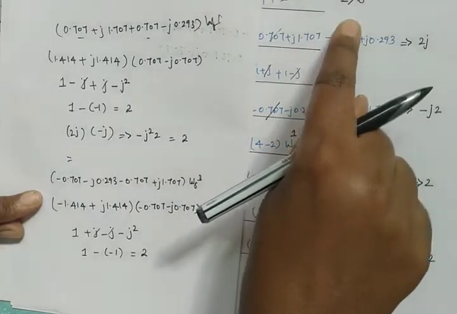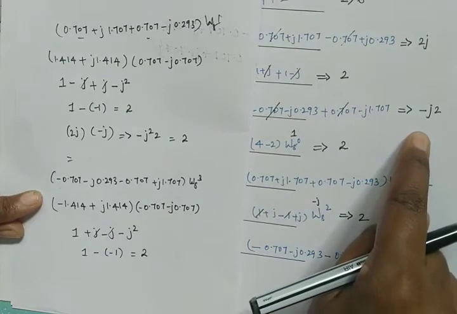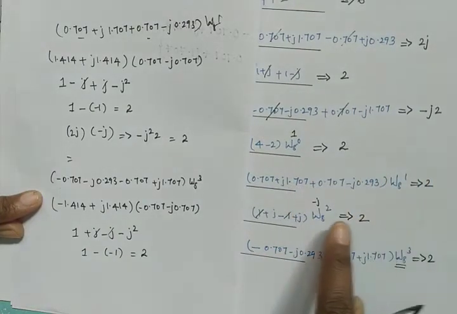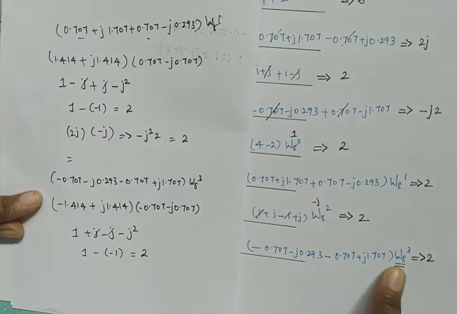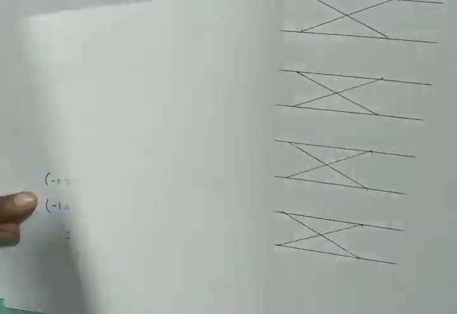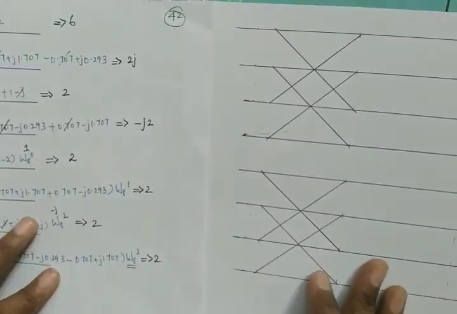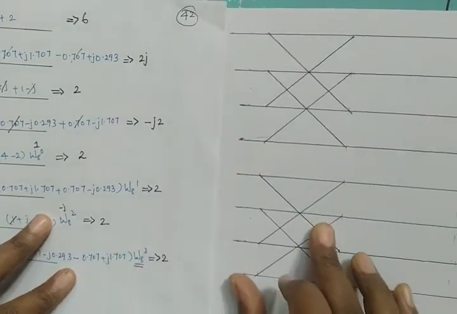Now check the answers. These are the answers: 6, 2j, 2, minus j2, 2, 2, 2, 2. So this is what we are going to give as input to the next stage. Now what is the next stage? See here, this is our next stage. So what we are going to do is copy this answer to this stage.